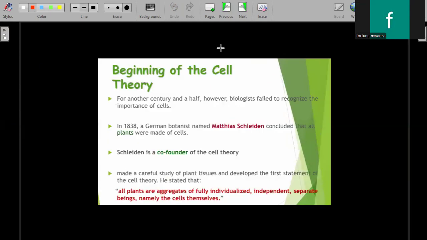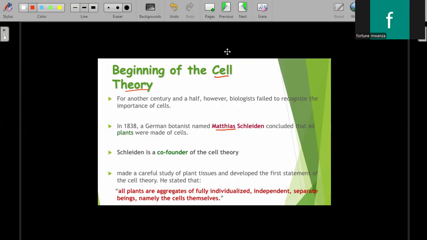Then three people came up together with what we call the cell theory. The first was Matthias, who came up with the first postulate of the cell theory.